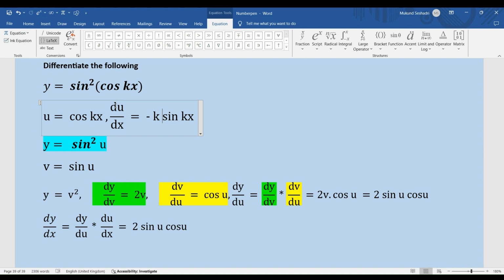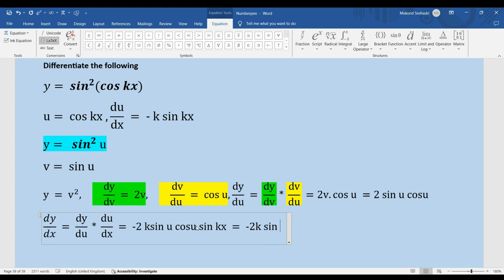So I have my du by dx, I have my dy by du. So I go here and put back my du by dx. So I have a k, and then I have a minus sign, and then I have a sine kx. So there I have my final answer, dy by dx. But again, looks like we have it in terms of u and x. So I remove my u by putting back what is my u.